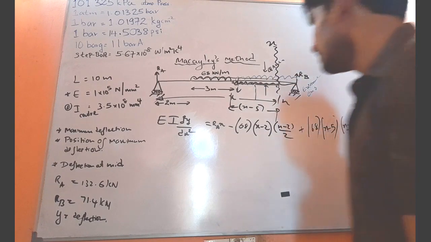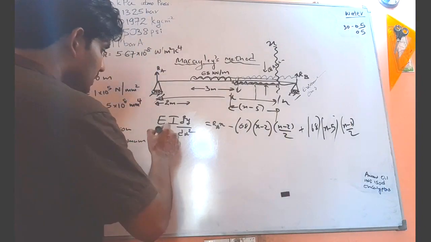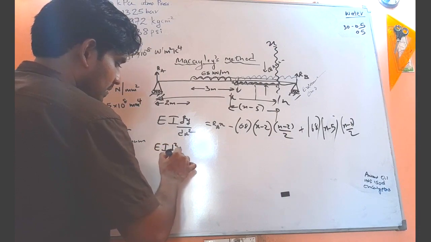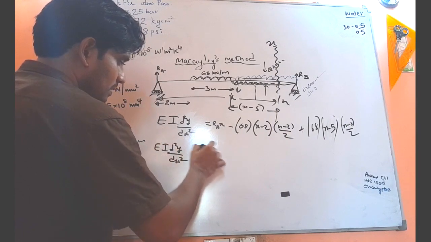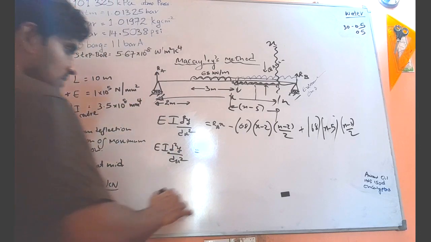Alright, so now let's simplify this. EI d2y over dx2 equals, what is Ra? Ra we have calculated, that is 132.6.